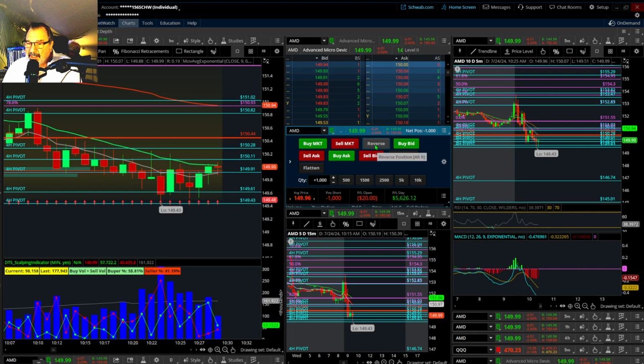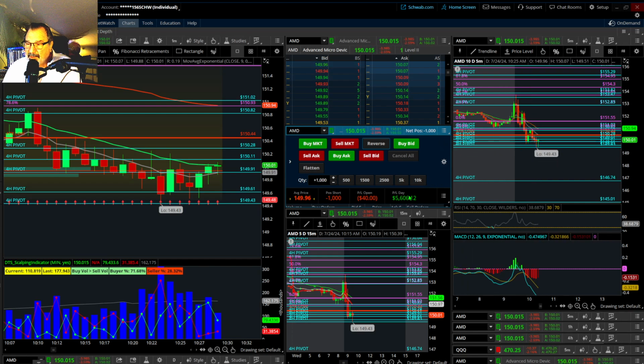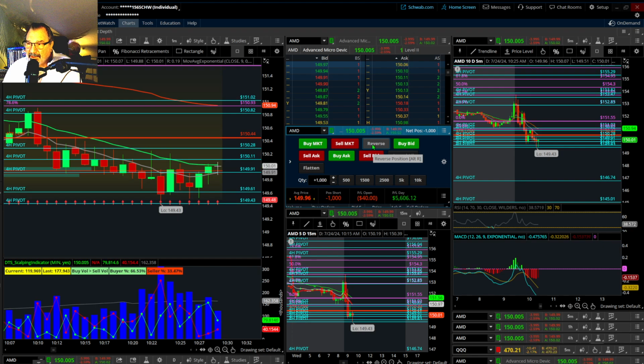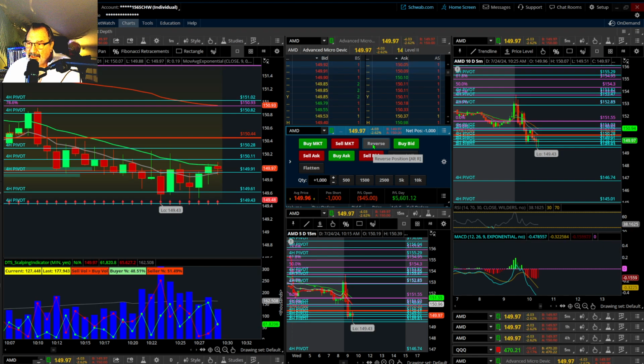It looks like it's showing me it's going to go up. Look at this, it went up with the buyers. So now we have a 5-minute that's green, an indecisive inverted hammer on the 15-minute showing you upward action. Again, don't expect more than 50 cents or $1. Just don't. It's just AMD.